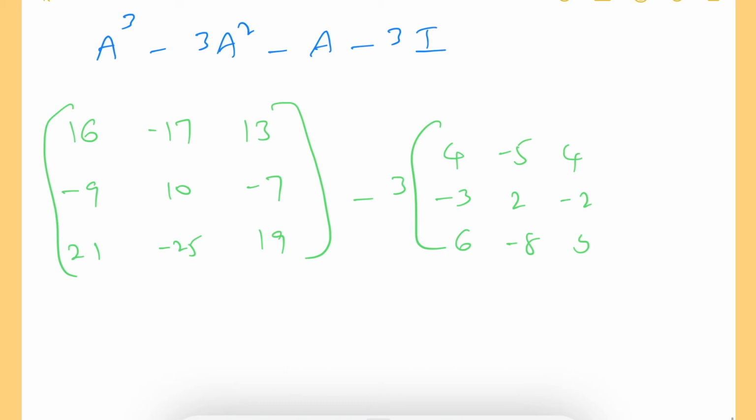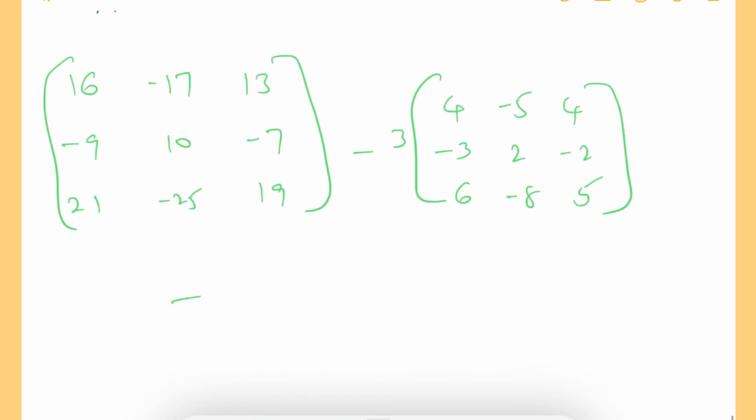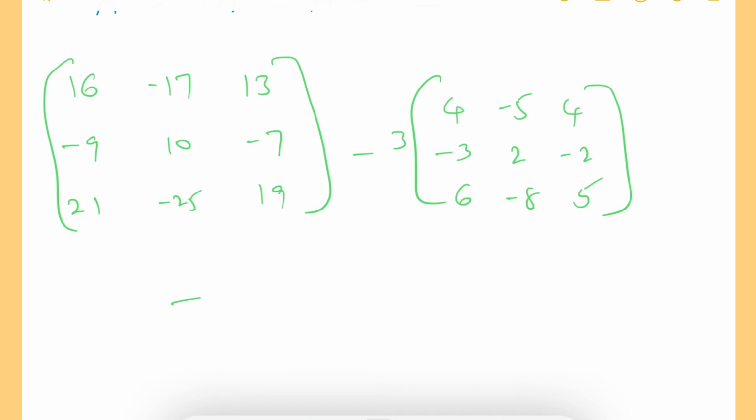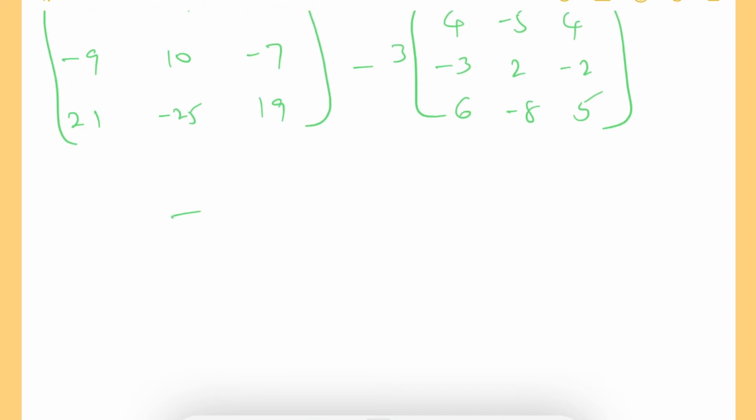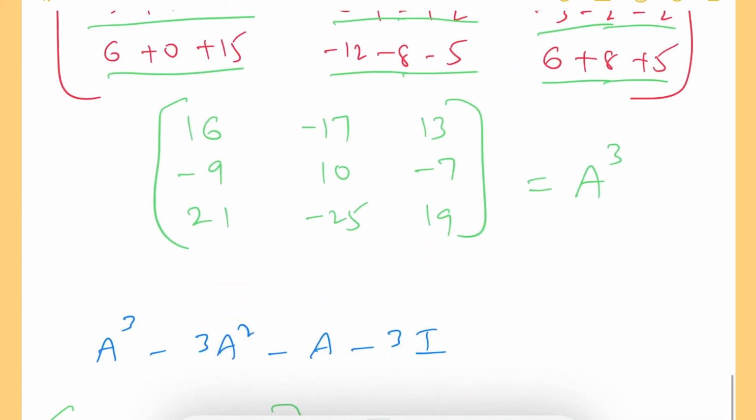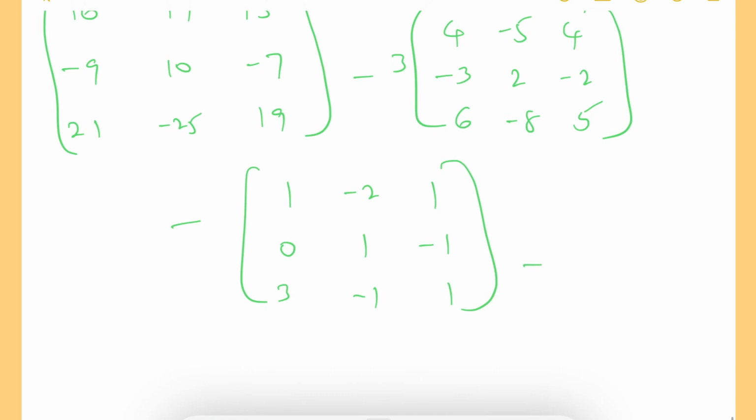Then minus the A value. The A value is nothing but the given matrix itself, that is 1 minus 2 1, 0 1 minus 1, 3 minus 1 1. Minus, we still have 3I, that is 3 into the identity matrix 1 0 0, 0 1 0, 0 0 1.